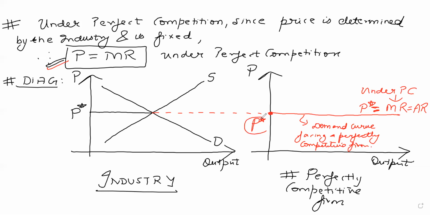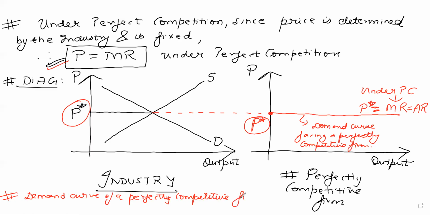So at this price, which is fixed by the industry, the firm can supply whatever is demanded. So I can say the demand curve of a perfectly competitive firm is perfectly elastic.